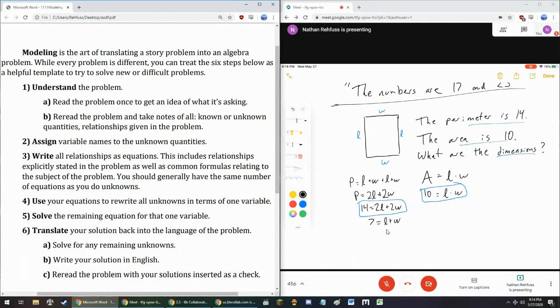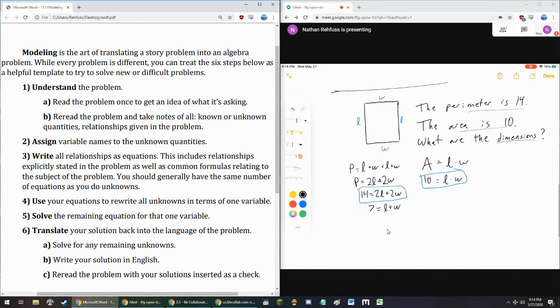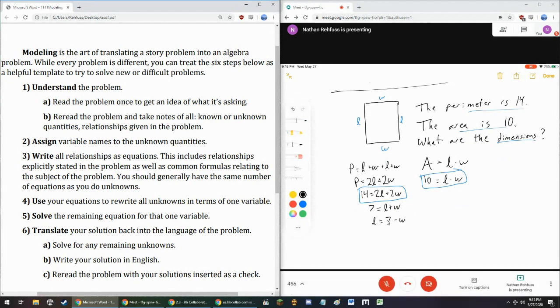And now if I want L by itself, all I have to do is subtract W from each side. So I could say the length of the rectangle is 7 minus the width of the rectangle. Now I did switch the sides of the equations there because I'm used to the solution being on the left, but see, I subtract W, so 7 minus W equals L, and then I just switcherooed those. L is 7 minus W.